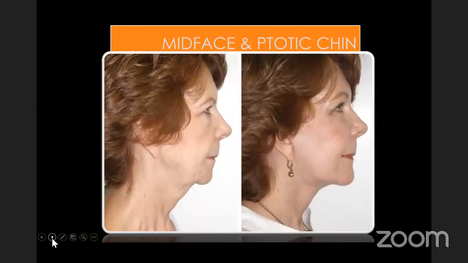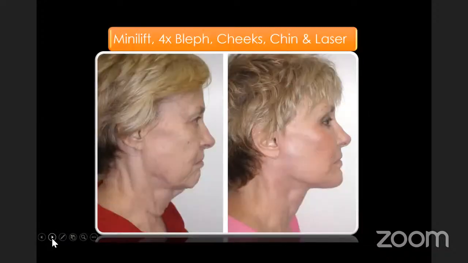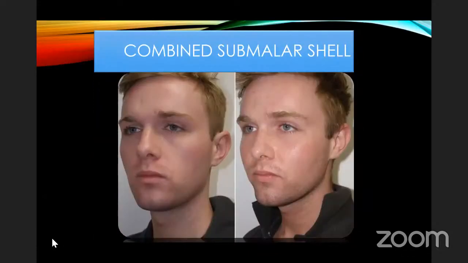Chin implant, cheek implants, facelift. Again, and this is an older case of mine, but brow lift, cheek implants, chin implant, facelift, laser resurfacing. This is just a combined submalar shell implant, giving volume to the shell.